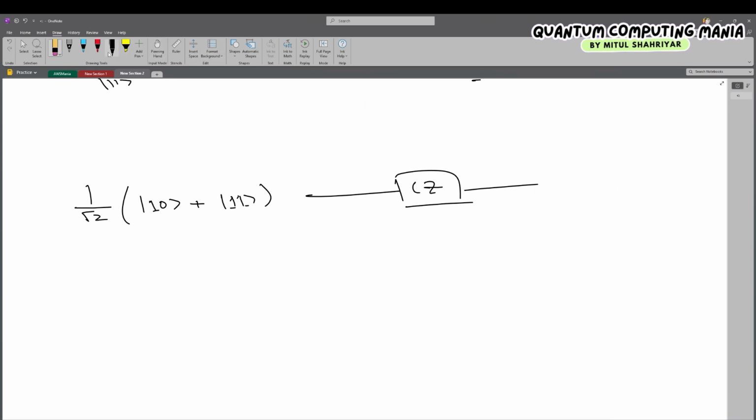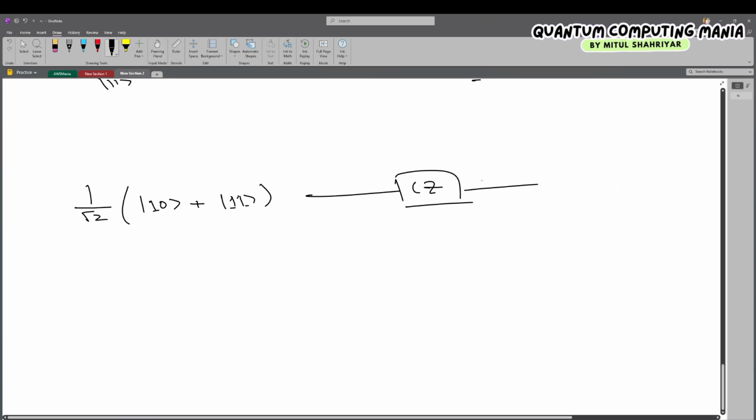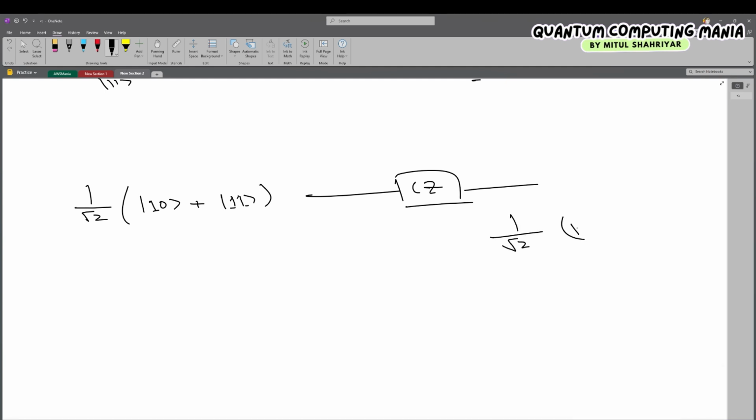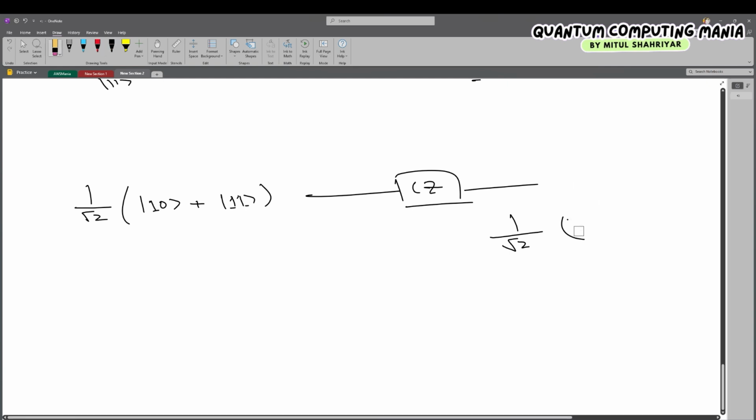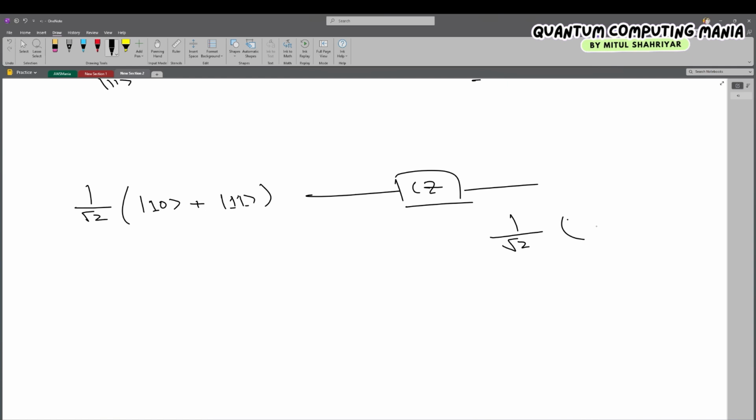Okay, let me just write it here. 1 by root 2, 1 0, and that portion becomes 1 1 for sure, minus, right, -1 1, right?